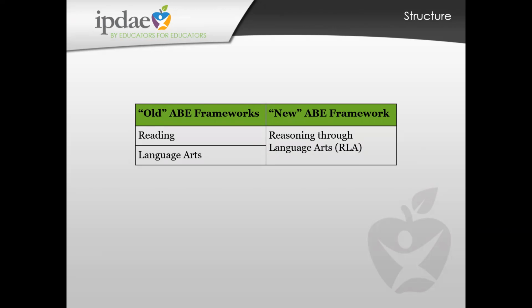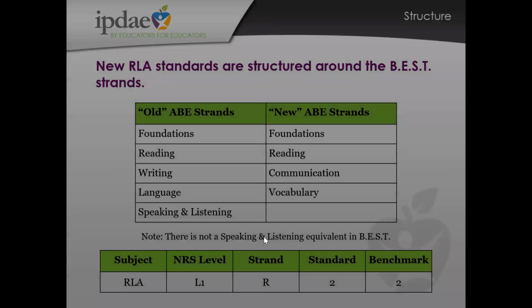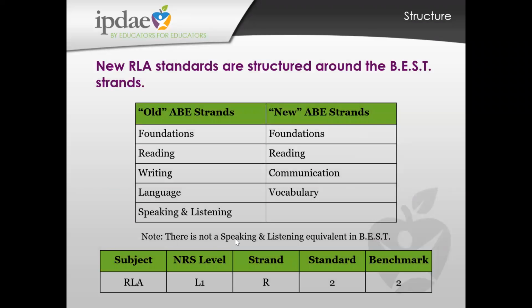Everything has now been combined into a single curriculum framework called Reasoning Through Language Arts. Within that, you're going to see all of the new strands. The previous ABE strands included foundations, reading, writing, and speaking and listening. The new strands are foundations, reading, communication, and vocabulary.